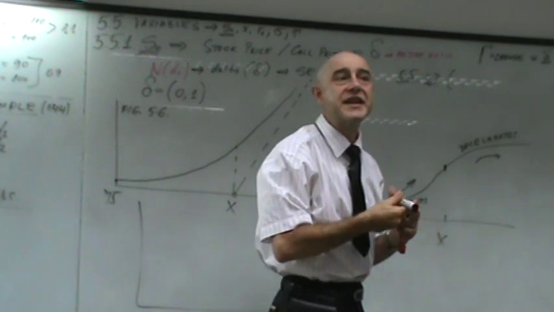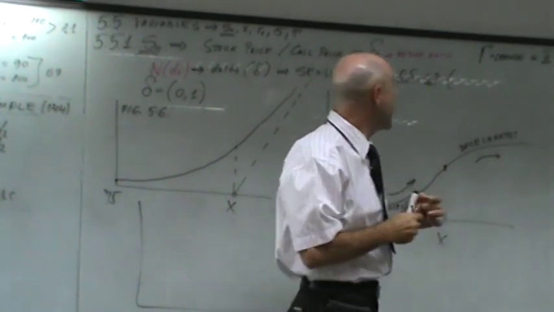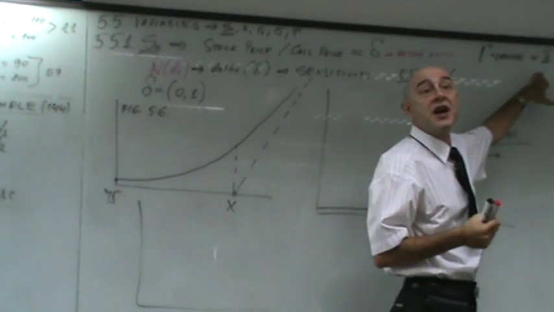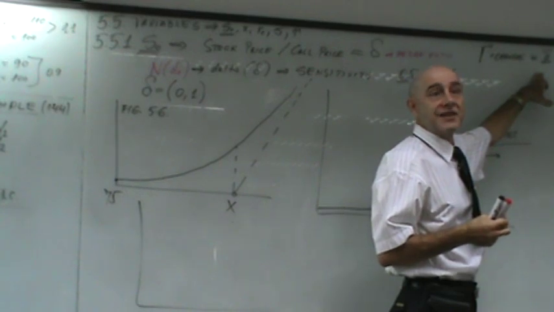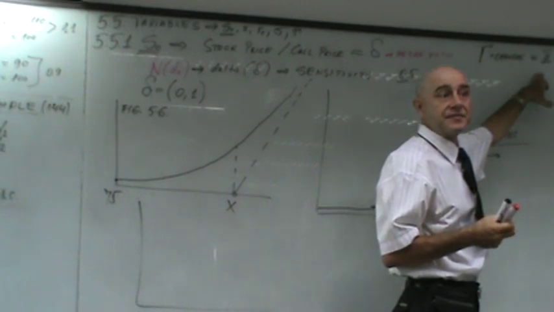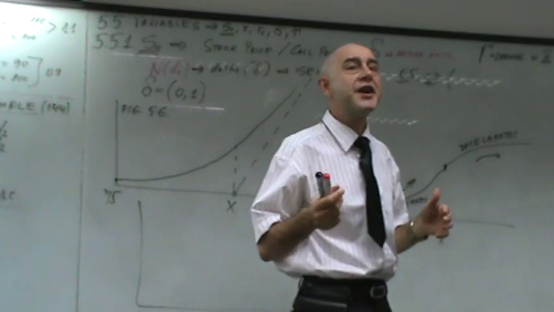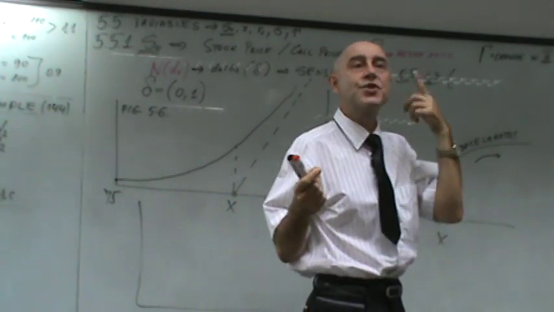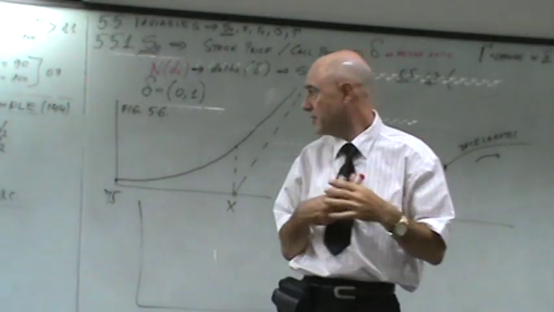In other words, gamma is defined as a change in delta. So let's try to provide examples so you can understand what we're talking about.